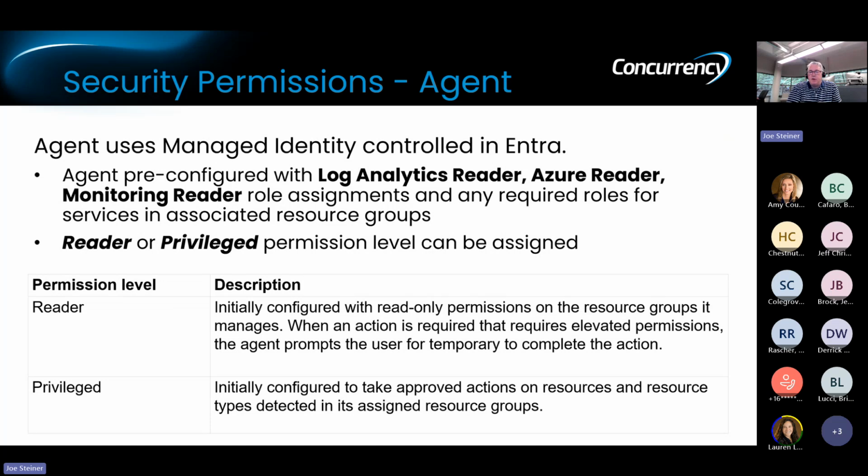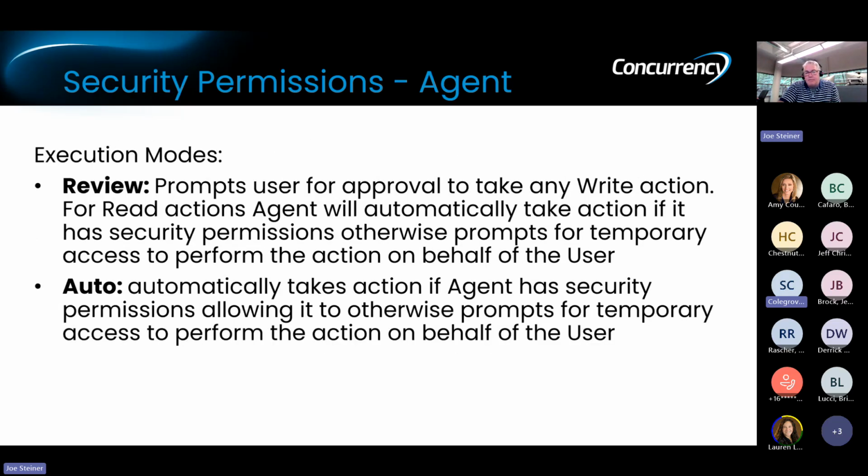And so if I've put it in reader, it's going to have to ask me for permissions on a lot of things that it does. In the privileged, I've said, hey, you have these rights to take action. And then there's another level where you're dictating whether, okay, you may have the rights, but can you take the action?